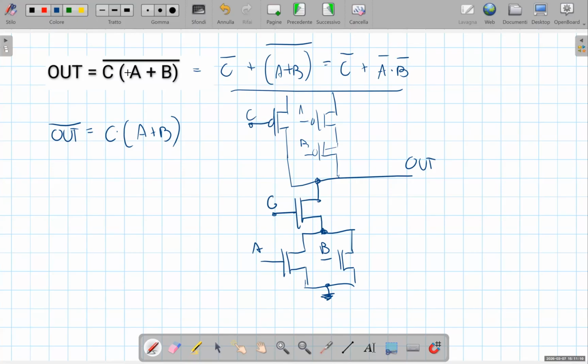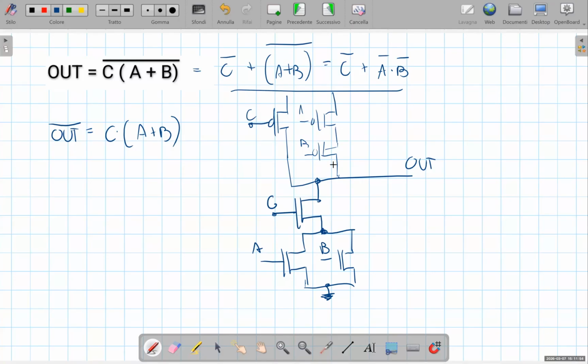Another approach: we can start from the pull-down network, implement it as we have described, and then derive the pull-up network, considering that all the switches connected in parallel in the pull-down network correspond to PMOS switches connected in series in the pull-up network. So here we have A and B in parallel; here we have the PMOSes A and B in series, and the connection in series of C with the parallel of A and B becomes a connection in parallel.